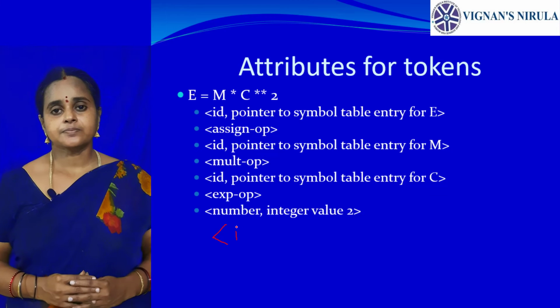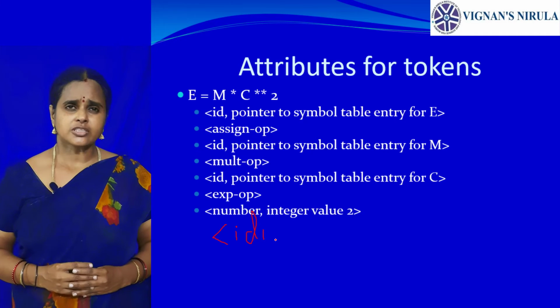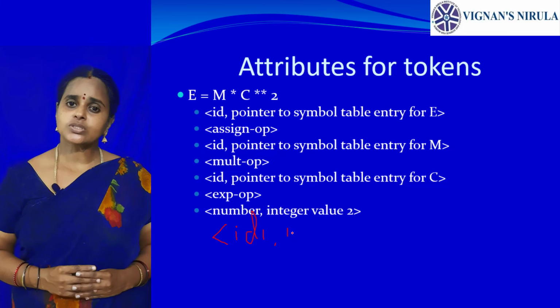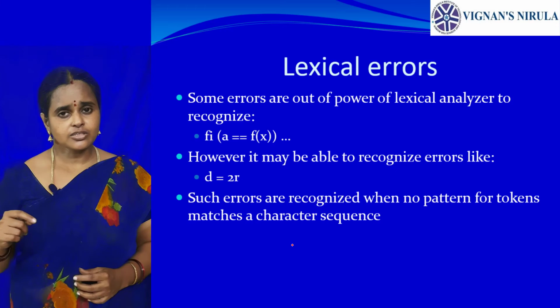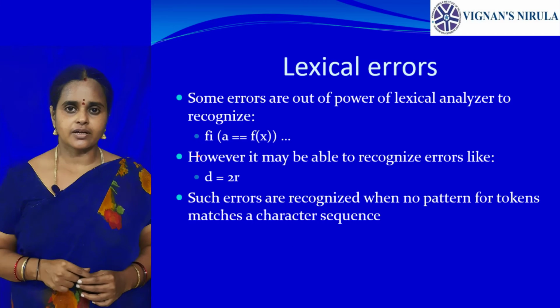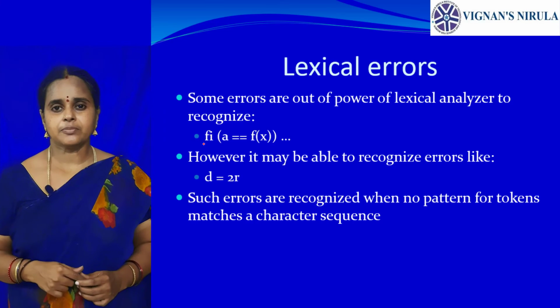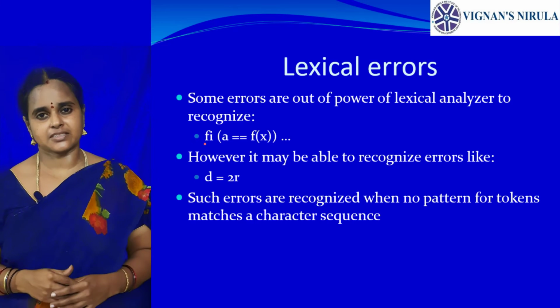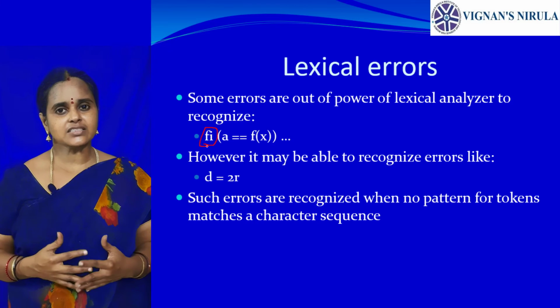My dear students, a very important concept here is that by mistake the user may enter F first and I next, instead of I first in the "if" keyword. Then how does the lexical analyzer think about that?